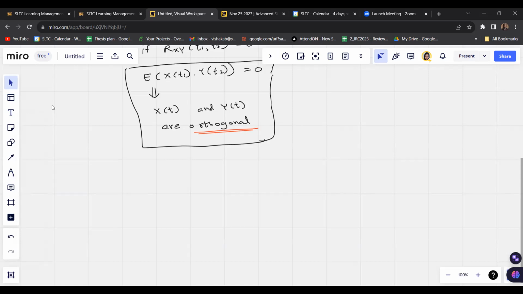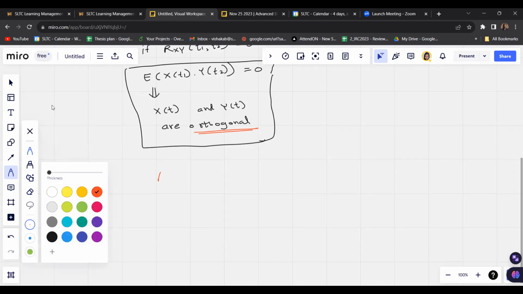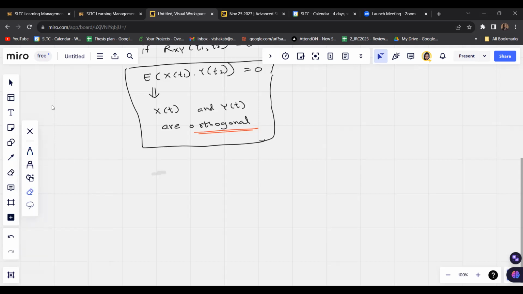Anyway, we were discussing the cross correlation function, and now we are going to proceed to the cross covariance function. Before doing that, I will say that the cross correlation function is not symmetric all the time.